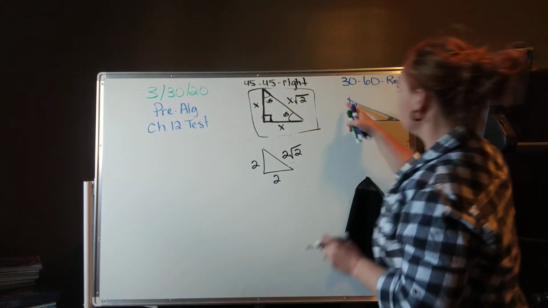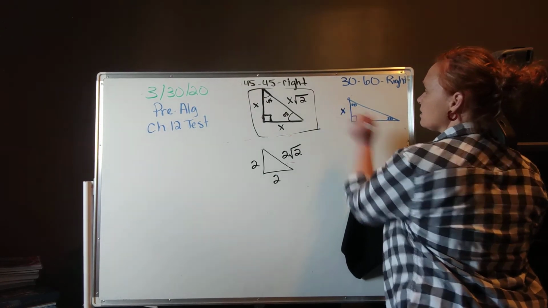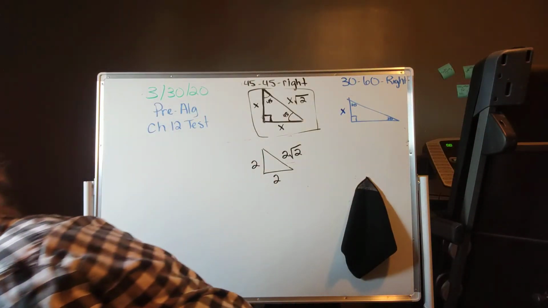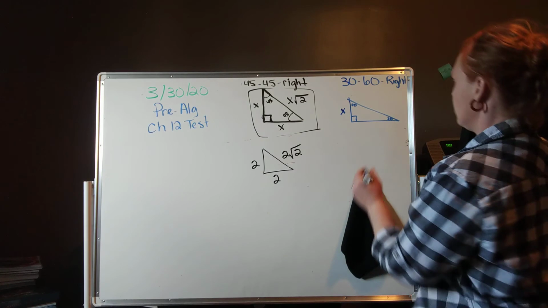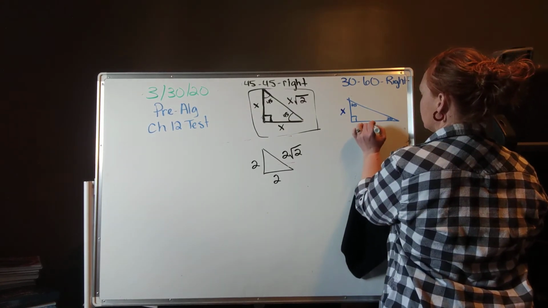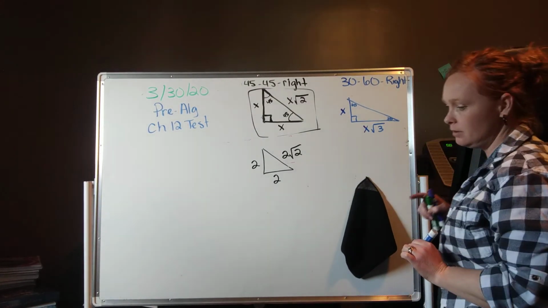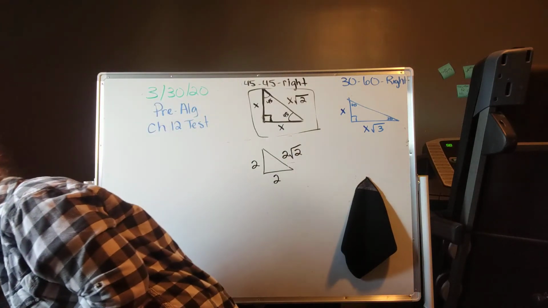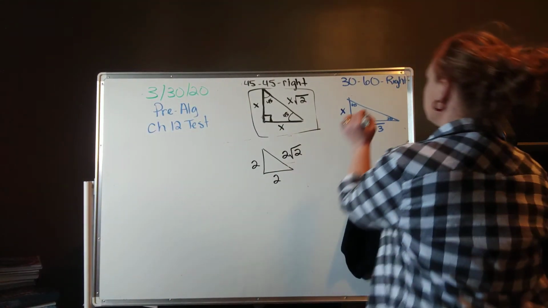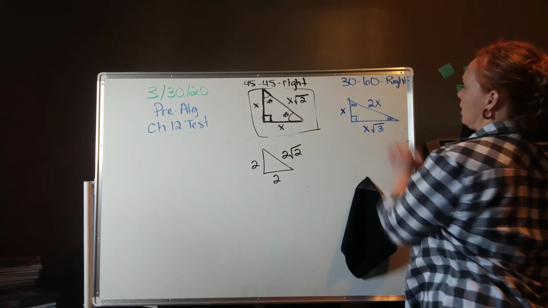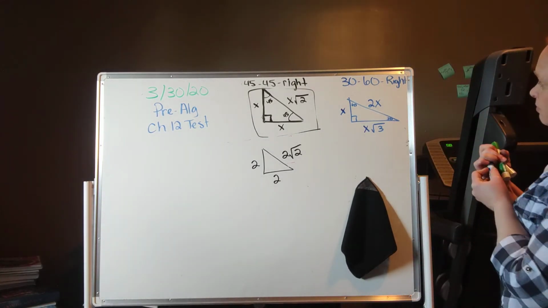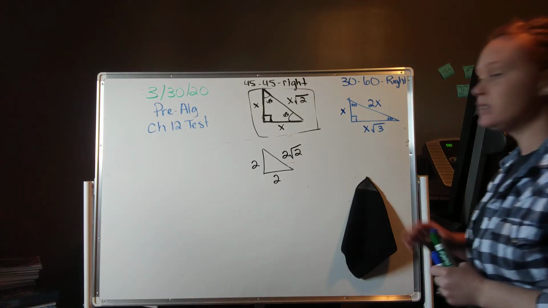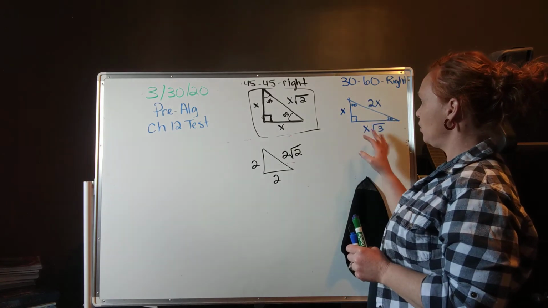The leg that goes to 60 degrees is going to be our x. This leg is going to be x square root of 3, and our hypotenuse is going to be 2x. Pay really close attention to where you put these, because the triangle could turn on you.